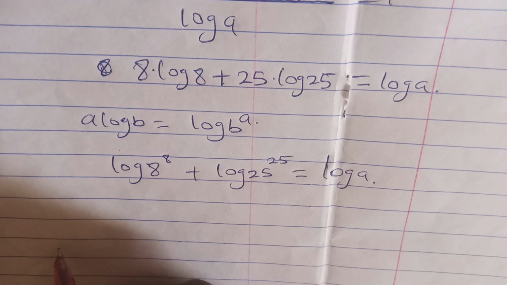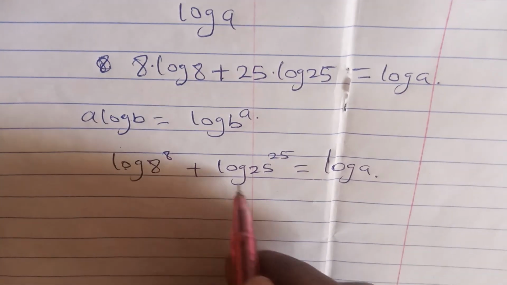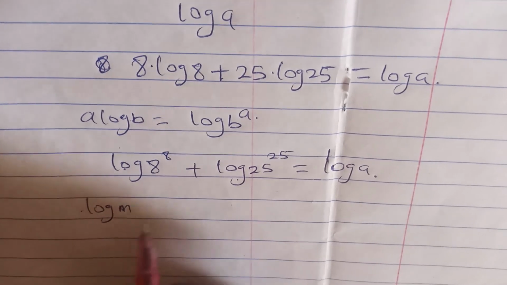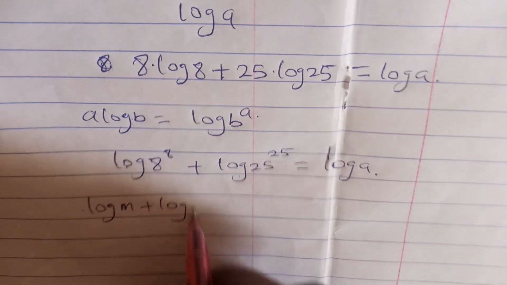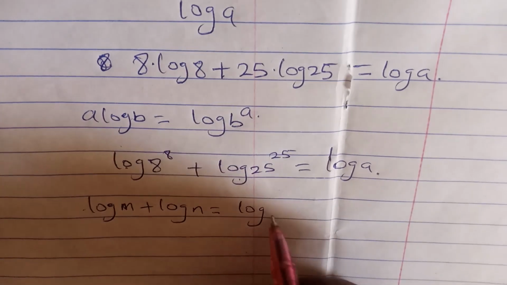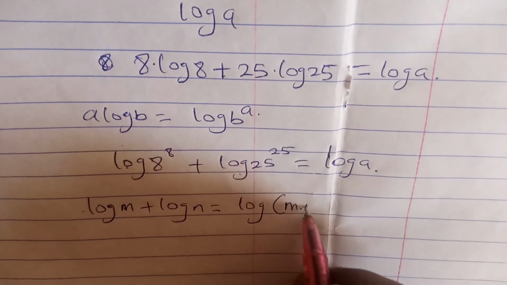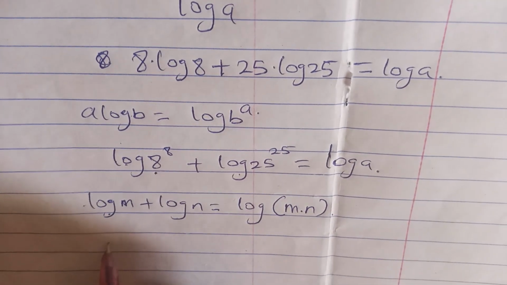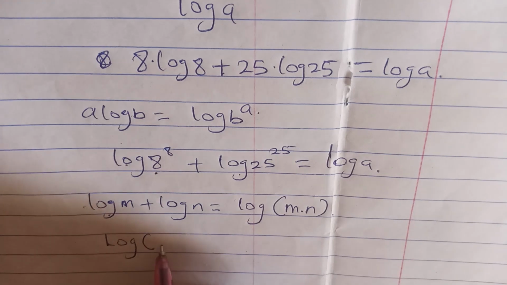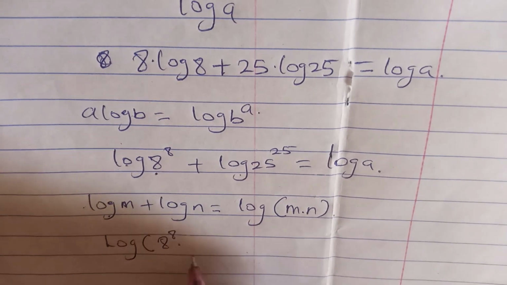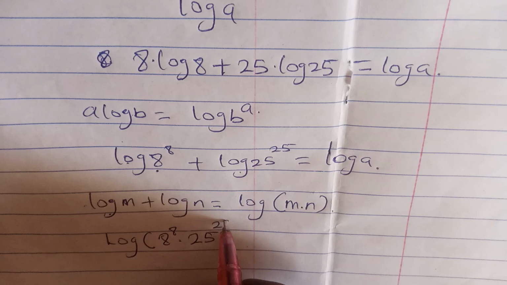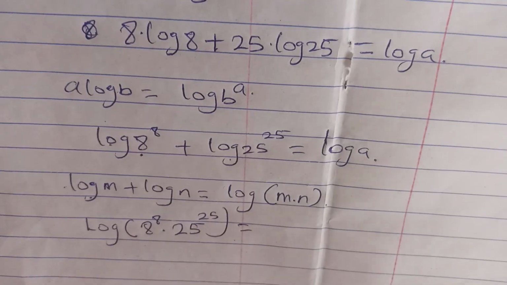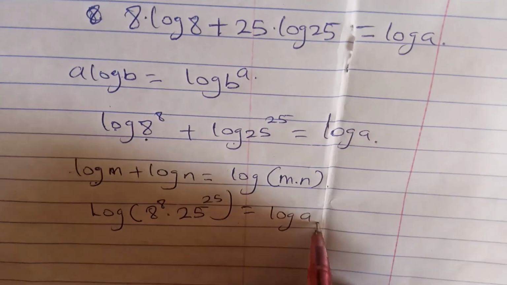Since we've done this, recall from the principle of logarithms that log m plus log n is also equal to log of m times n. So if we apply this rule here, we have log of 8 to the power of 8 times 25 to the power of 25 equals log a.